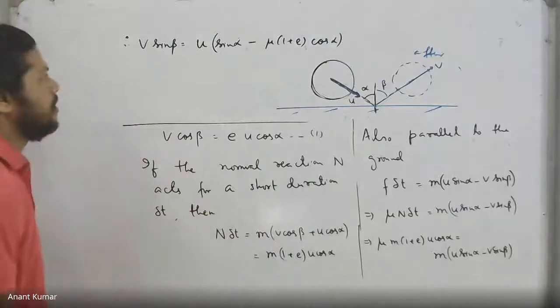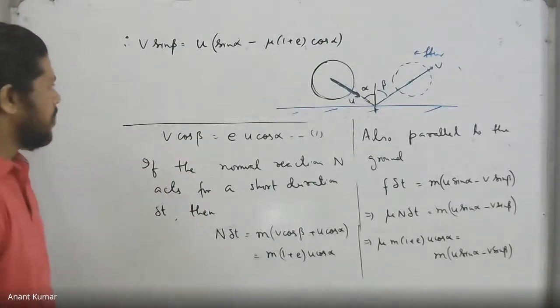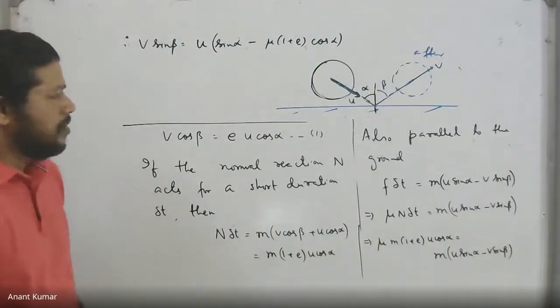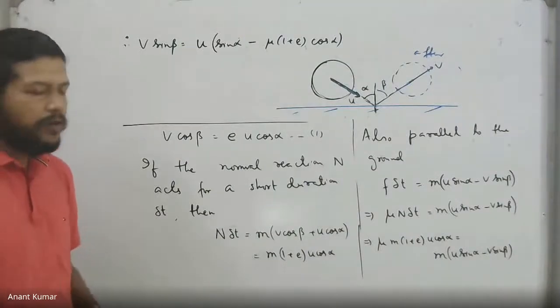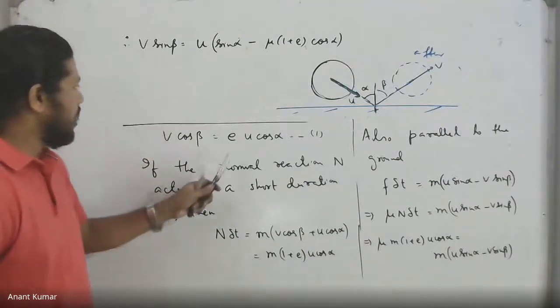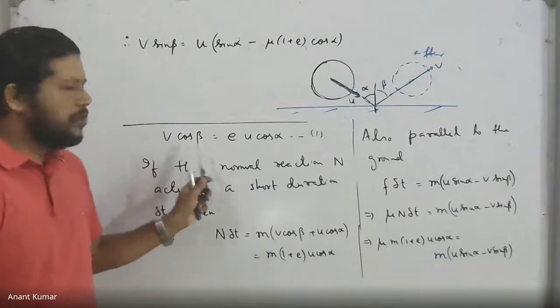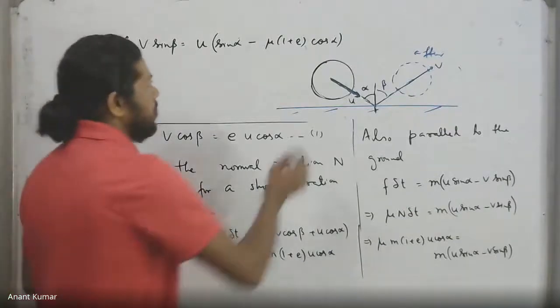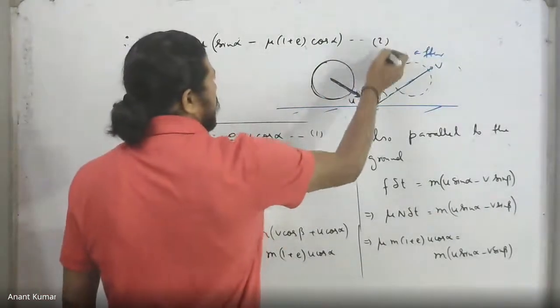This is the horizontal component, parallel to the ground, for v, and the other will give us the component in the perpendicular direction. So we have these two equations, 1 and 2.